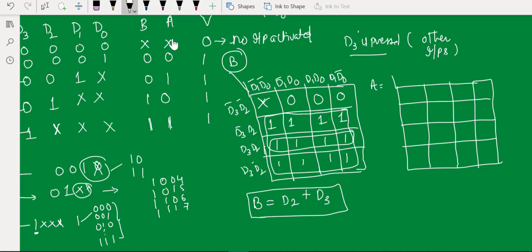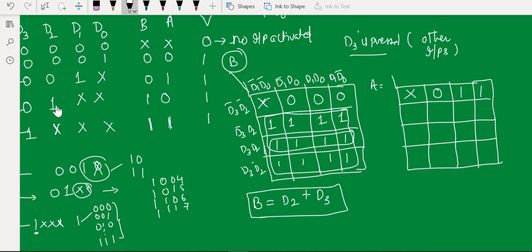First case it is don't care, I can fill this as don't care. Next 0 0 0 1 will be 0, and next we'll have 0 0 1X. That means your 0 0 1 0 and 0 0 1 1. That means your 2 and 3 output will be 1. That means this will be 1 1.